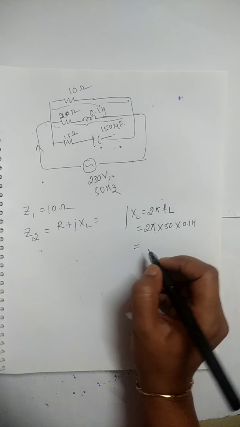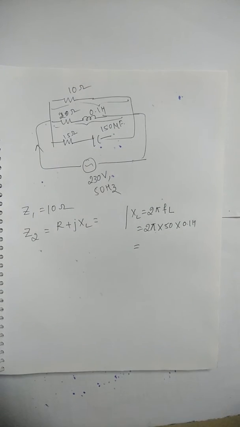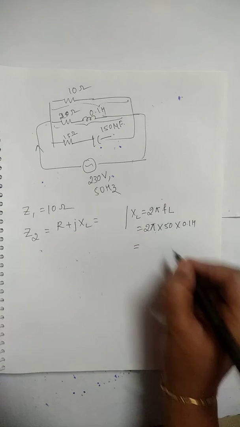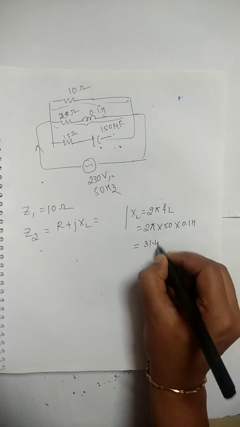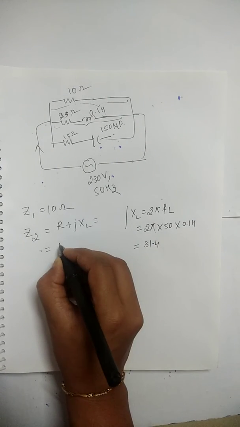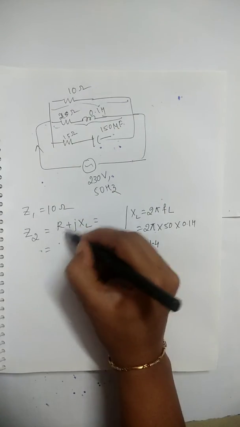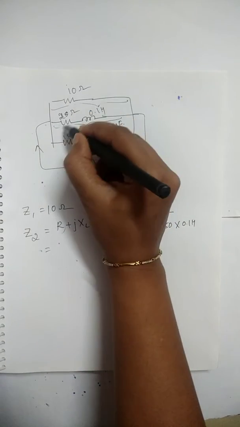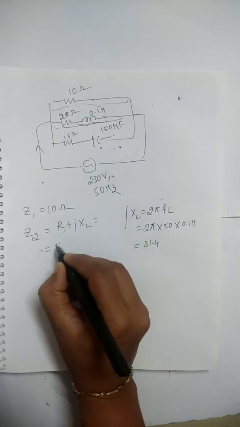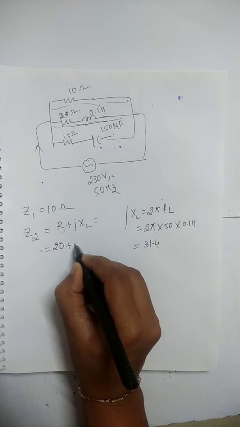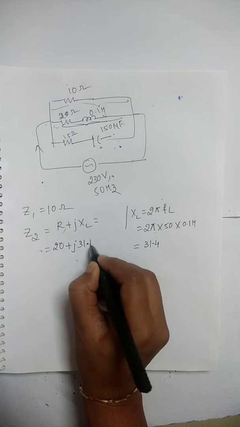Calculate this value, you get 31.4. Substitute here, it is 20 plus j31.4.